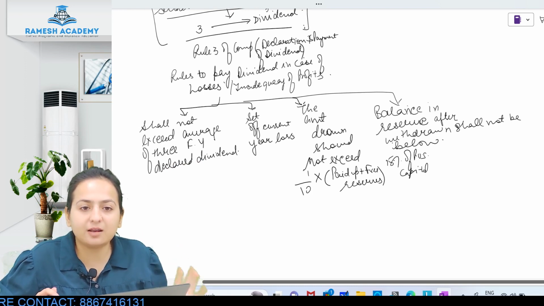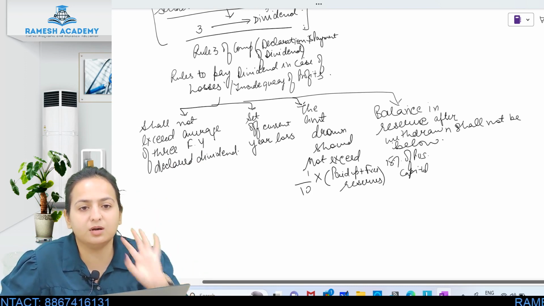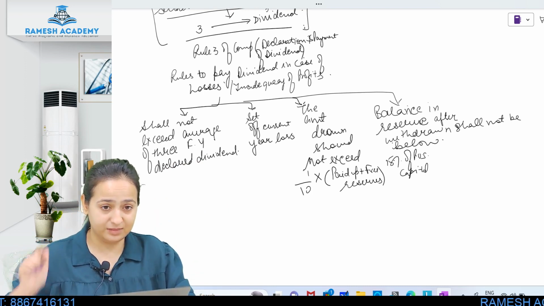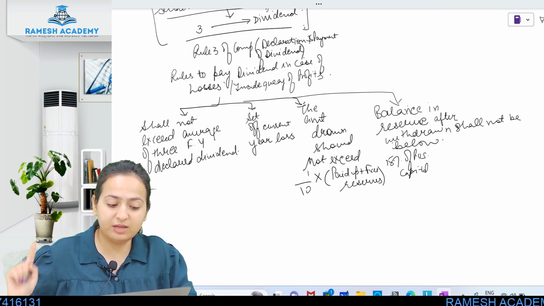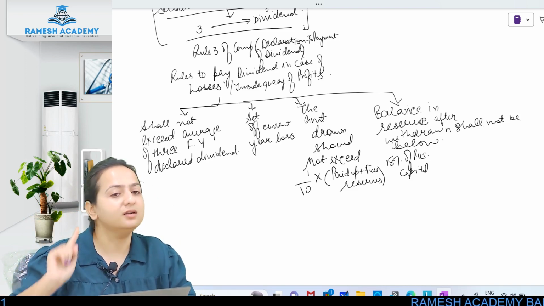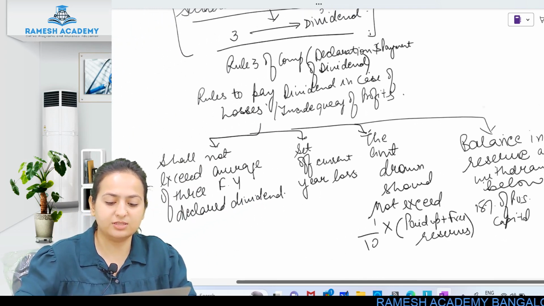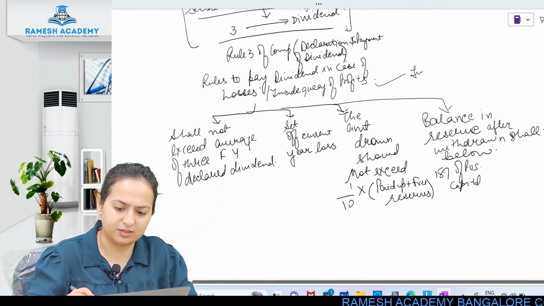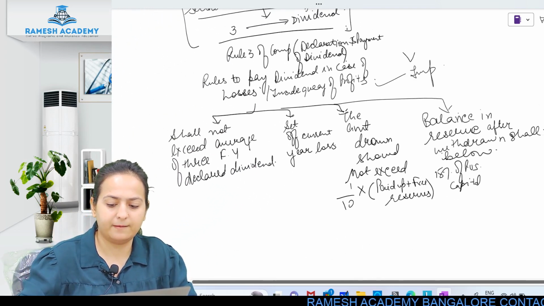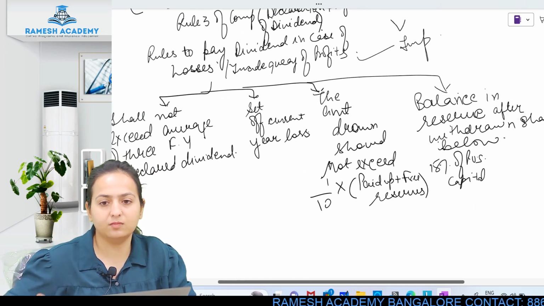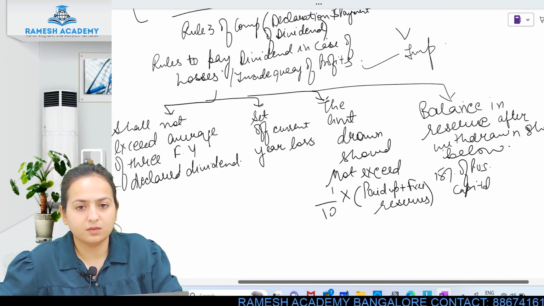Set off the year's losses first, and you should not exceed the average of the 3 financial years' declared dividend. Yes, these 4 conditions are very important, I think. Please write down.